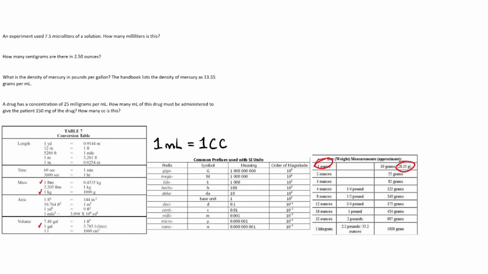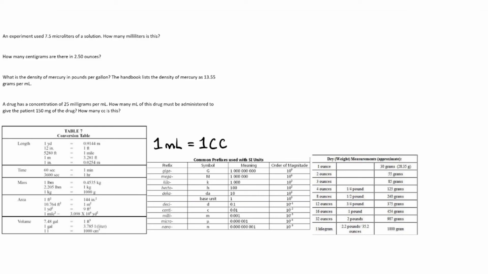A drug has a concentration of 25 milligrams per liter. How many milliliters of this drug must be administered to give the patient 150 milligrams of the drug? How many cc's is this? Now we're just trying to find how many milliliters we need to give the patient to give them 150 milligrams.